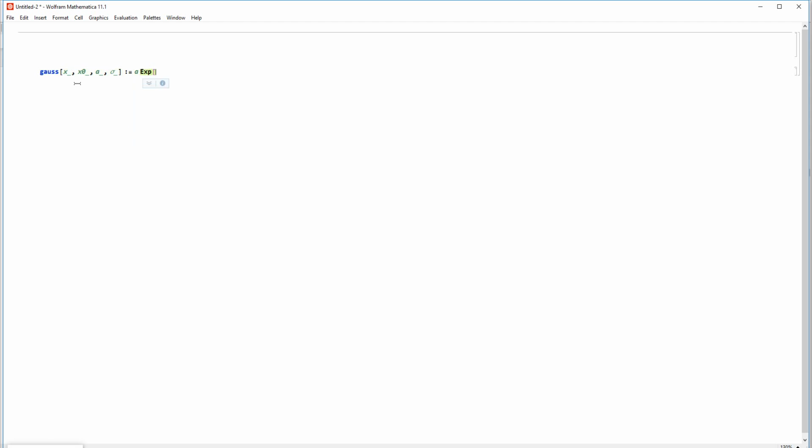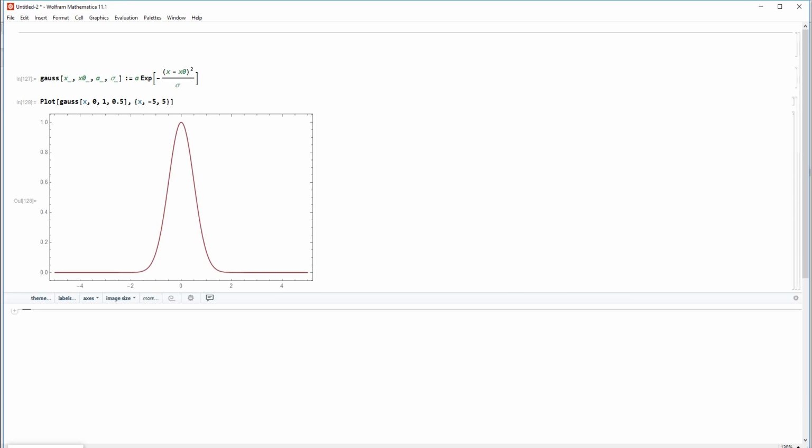And the Gaussian is defined as a function of x minus x0. That's the Gaussian function. You know this, I guess. If I plot this, then it looks like this.